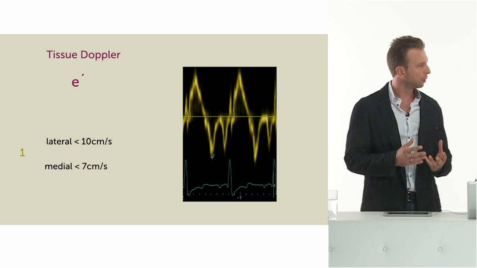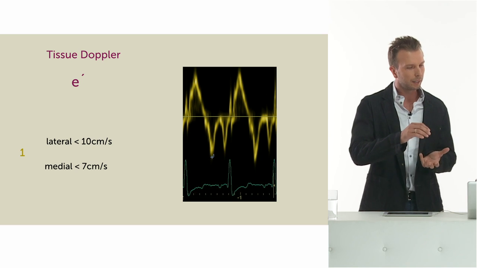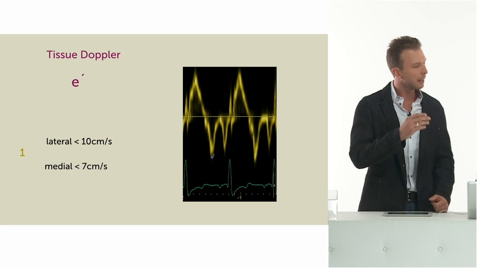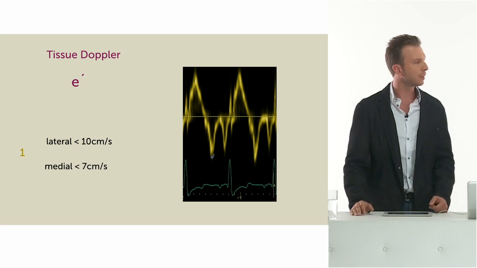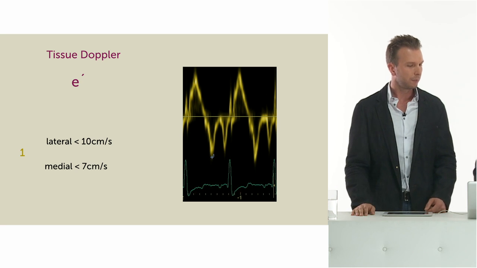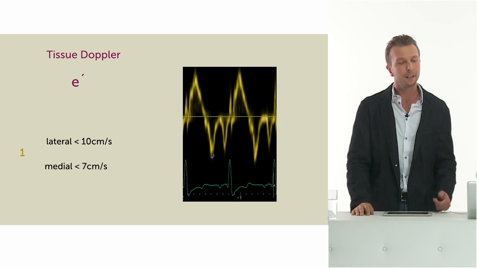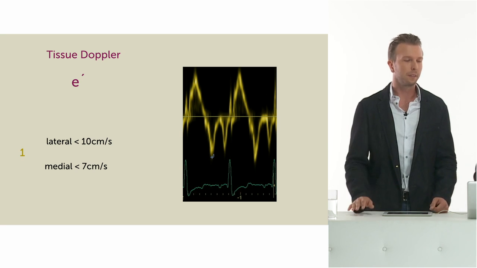Yeah, because the lateral wall is not that fixed in the annulus fibrosus. The septal heart is well fixed and doesn't have that space to move. Right. In lateral, there's much more displacement because it's a free wall. Okay. So every time you measure lateral, it should be higher, except in certain clinical situations.